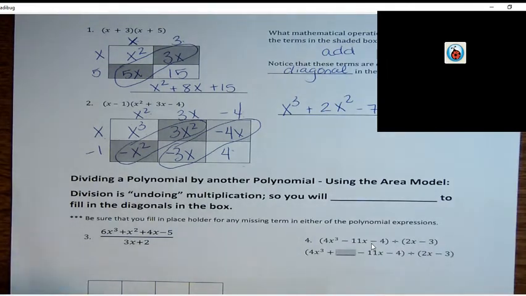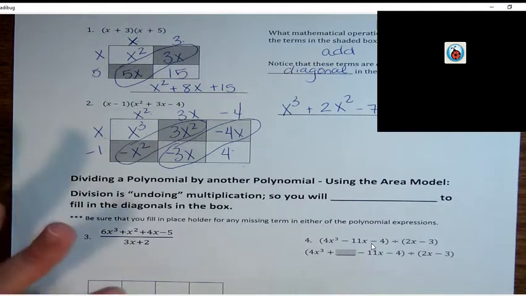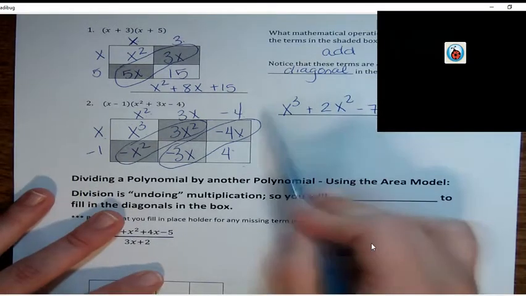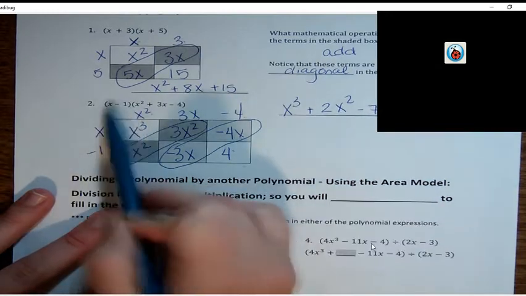So the next thing we're going to do is we're going to talk about dividing a polynomial by another polynomial.